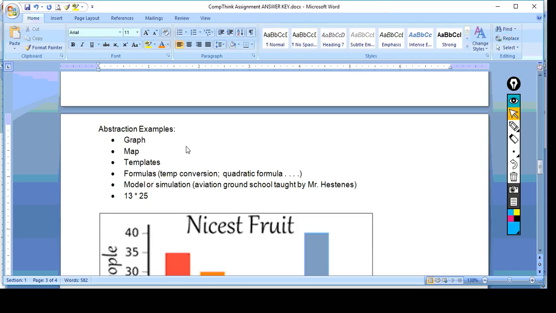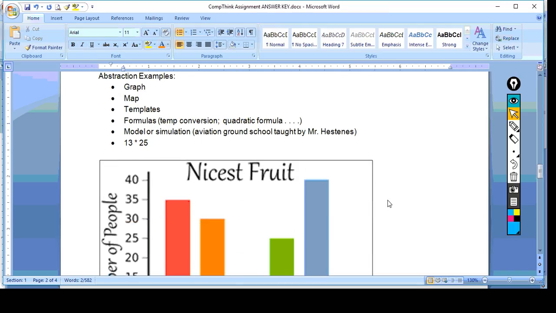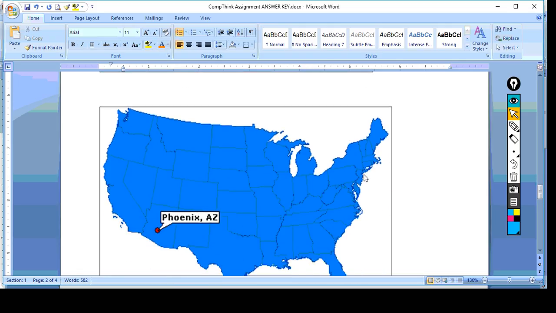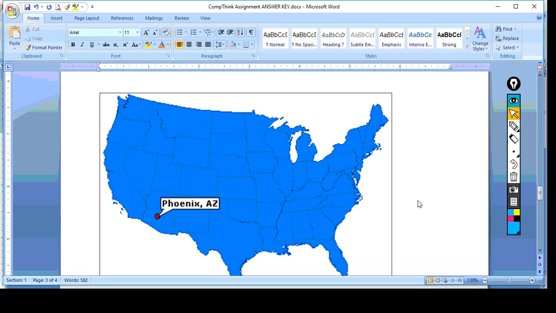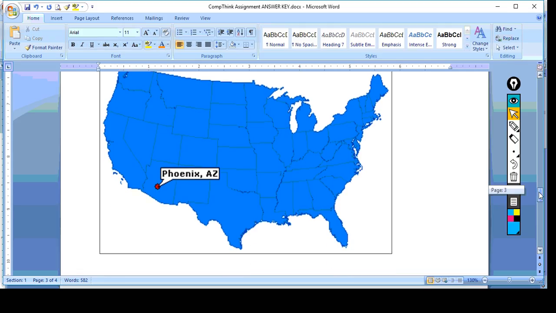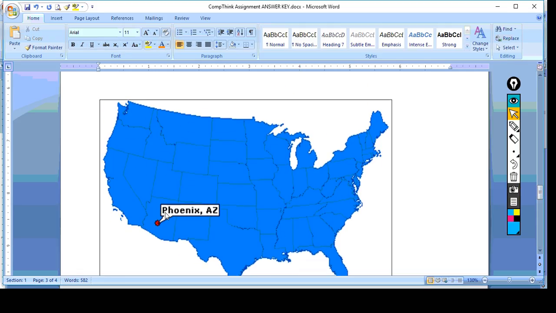Another example is a map. A map is an abstraction. Maybe you might use this map to show a little kid where Phoenix is in relationship to the rest of the United States. Well, this is an abstraction because it's filtering out other details.